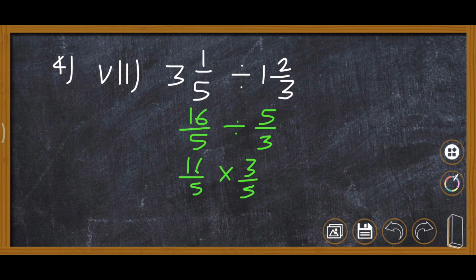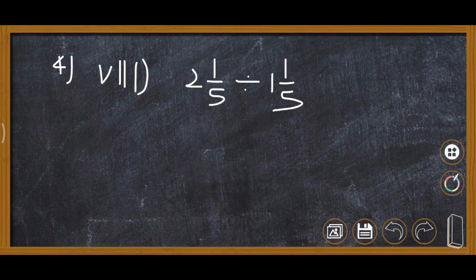So 16 3s are 48, and 5 5s are 25. So 48 upon 25 is the answer. This is last part, and now you can do it yourself. So do this eighth part yourself.